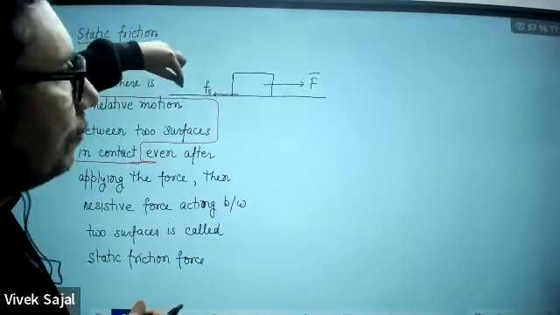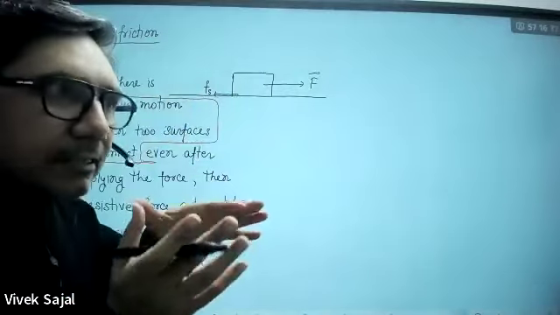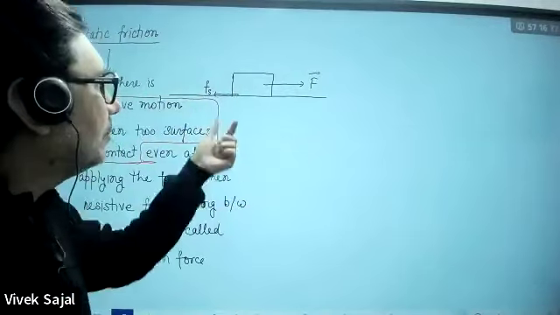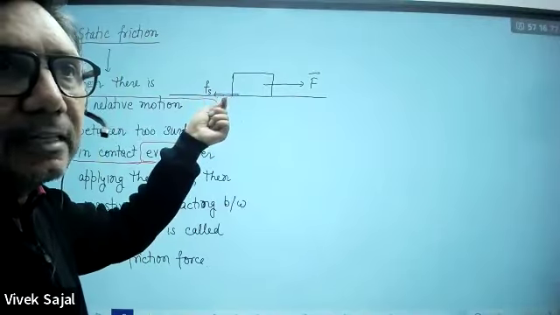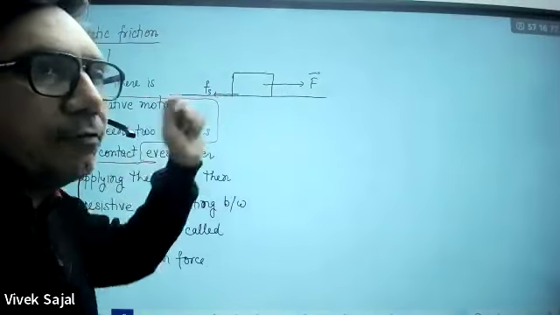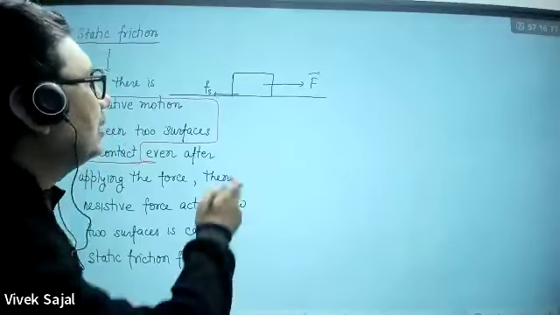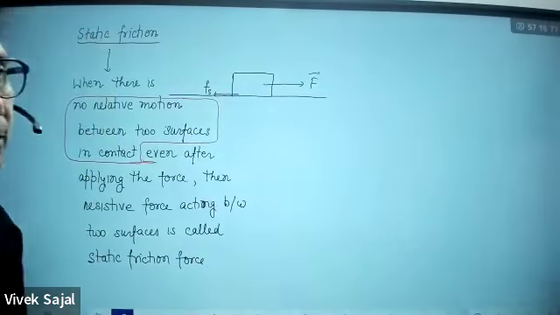Because a resistive frictional force in the opposite direction of the expected motion comes into the picture. Due to this static friction force, this resistive force, the motion is not taking place. So this force is called static friction force.